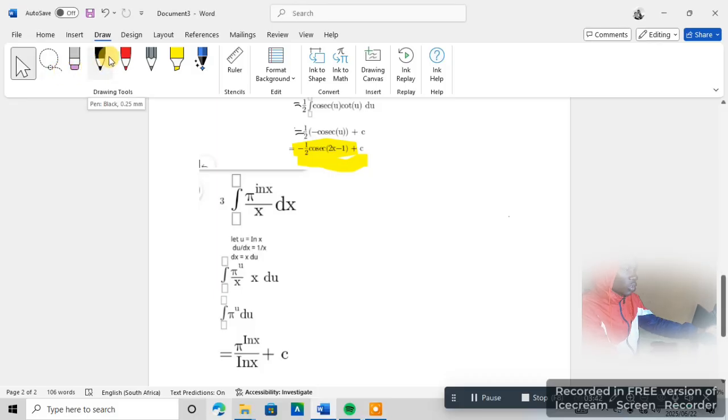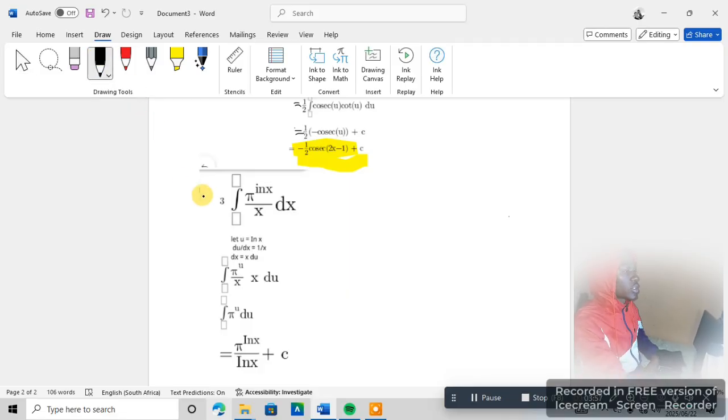So let's check. As I said, this time we'll be focusing on integration by u substitution. After this we'll be looking forward to integration by parts. So let's continue. Here you can see that we have ln x, and then we have x.